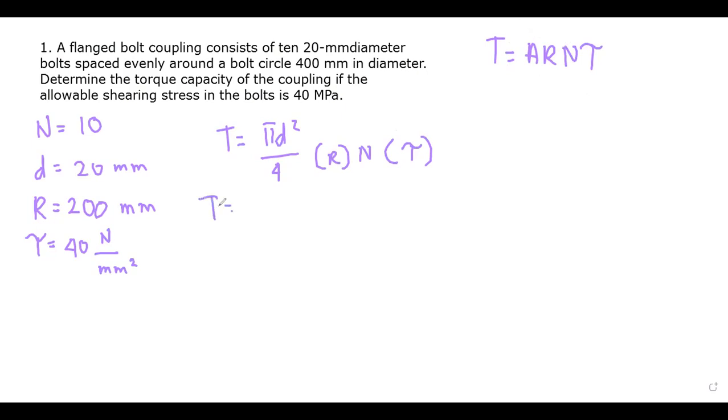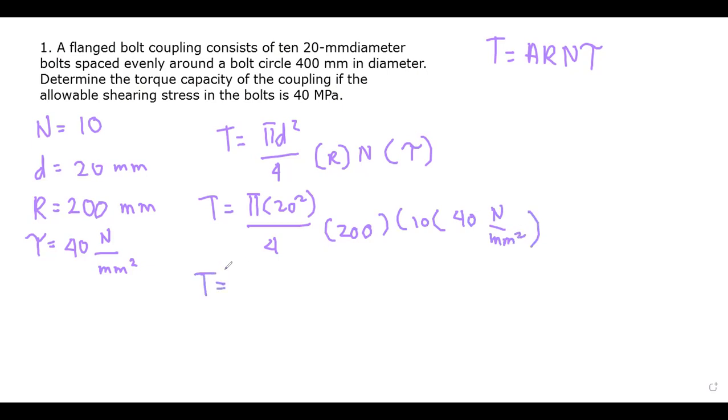So, T is equals to pi 20 squared over 4 multiplied by 200 mm. Lahat yan mm. 10 multiplied by 40 Newton per millimeter squared. Okay? So, T is equals to, solve natin. Medyo malaki-laki ito kasi millimeter siya.